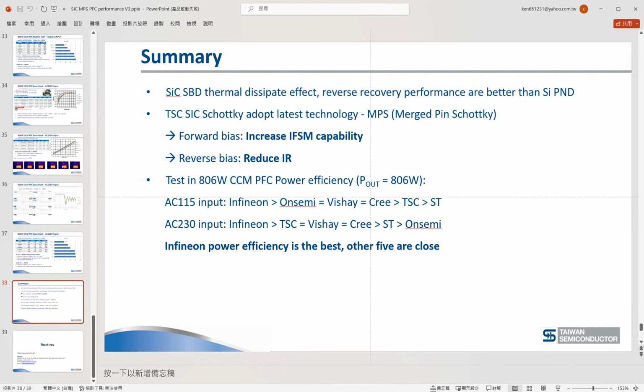As for reverse bias, it can reduce leakage current. And we take these 6 samples, including the competitors, to test in the 800 watt SiC MPS system board. Infineon's power efficiency is the best, and the other 5 samples, TSC, Bichet, Green, ST, onsemi, are very similar. This is all. Thank you.